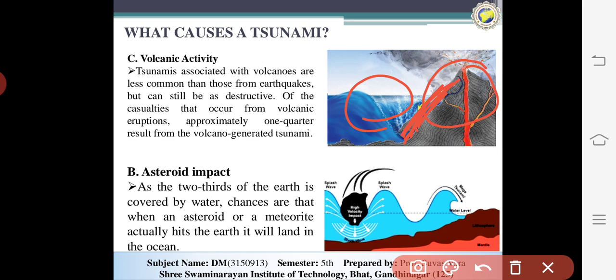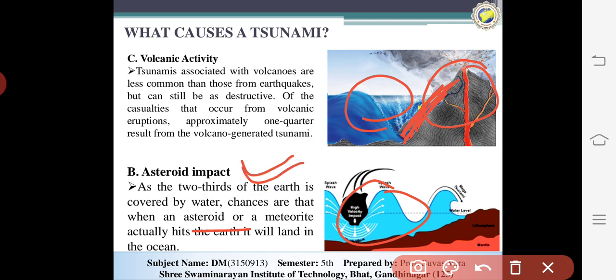In a similar way, the asteroid effect: two-thirds of the earth is covered by water, and the chance is that when an asteroid hits, it lands in the oceans.